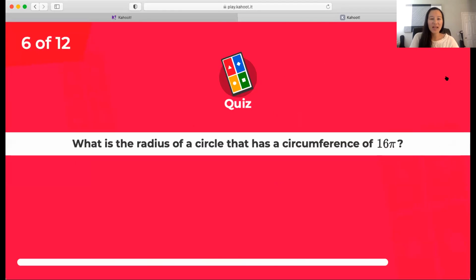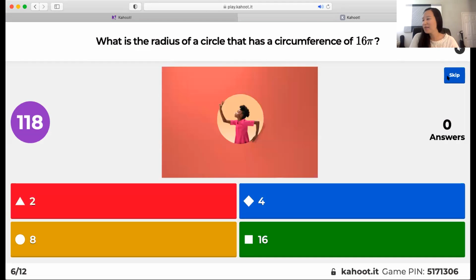What is the radius of a circle that has a circumference of 16 pi? This one's hard. So use your notes. So remember, the circumference is pi times the diameter. Then you have to find the radius.